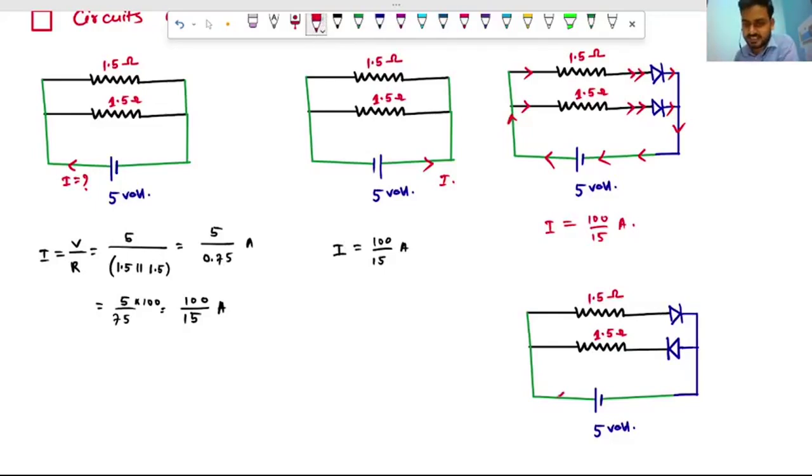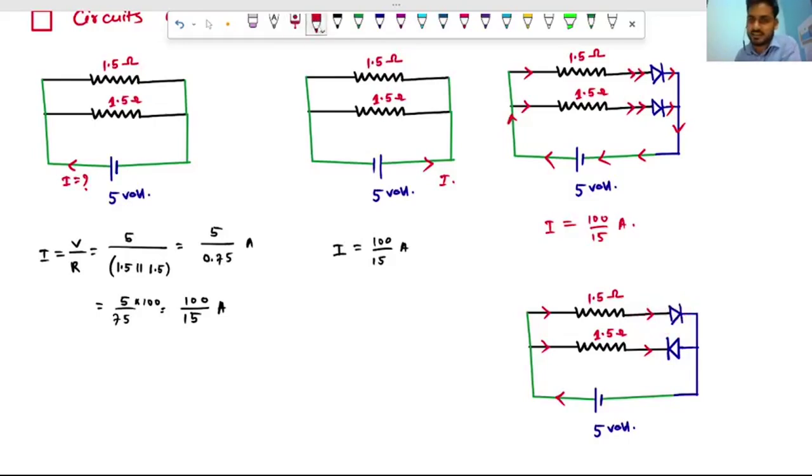So current will start from the 5 volt battery, enter here, will come to here. But as we can see, this diode will allow this current, as here the arrow shows it is forward biased.